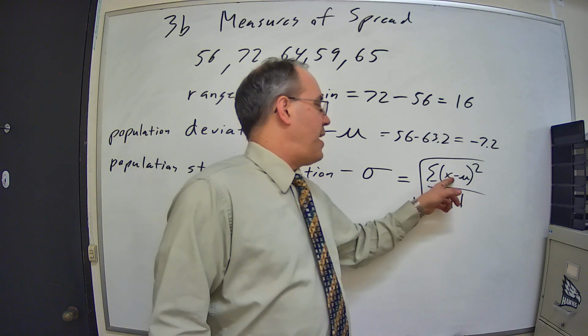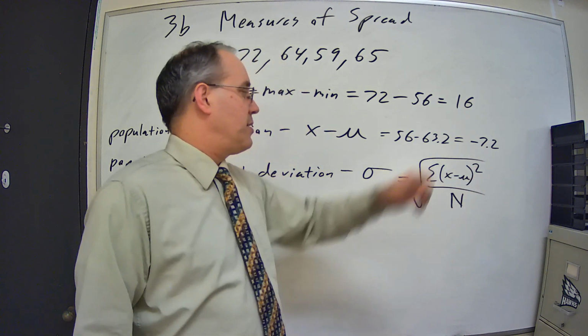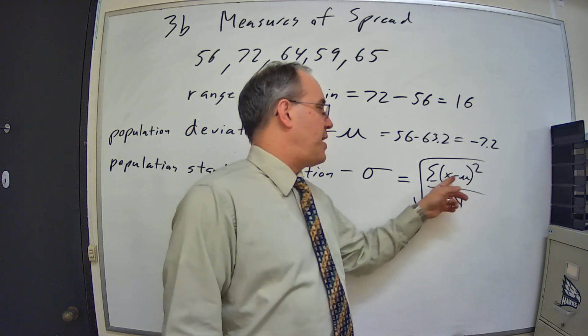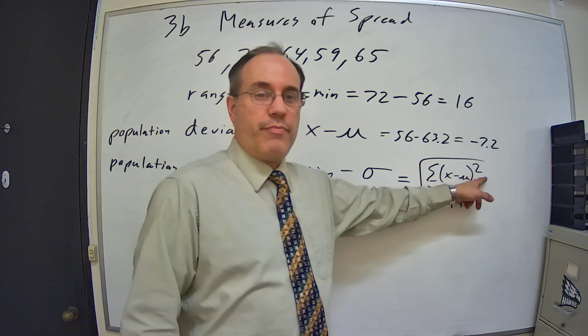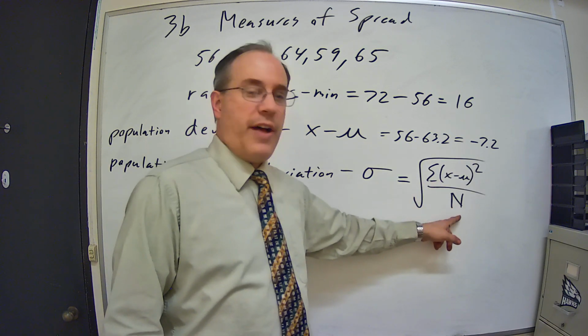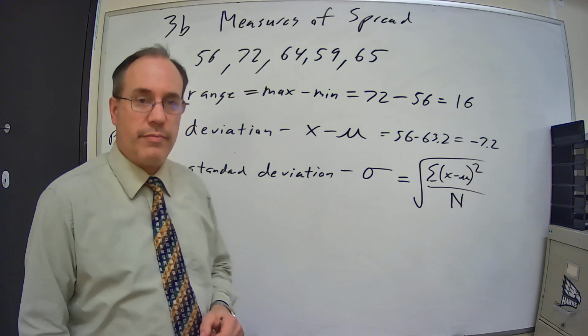So the sum of x minus mu squared over n, the population size, take the square root of all that. Order of operations says take x minus mu, find the deviations, square them, add them up, divide by the population size, and then take the square root.